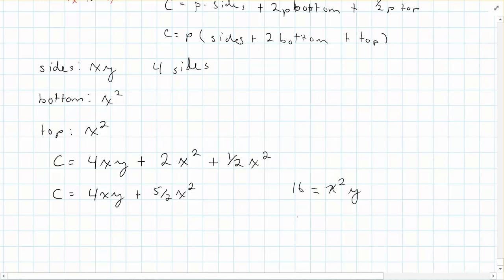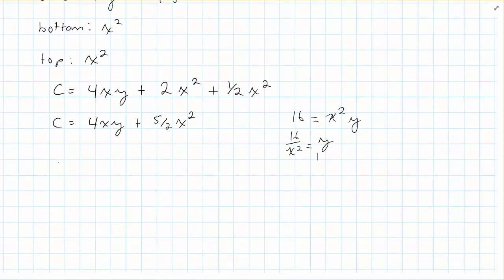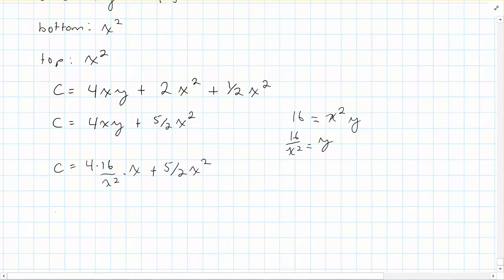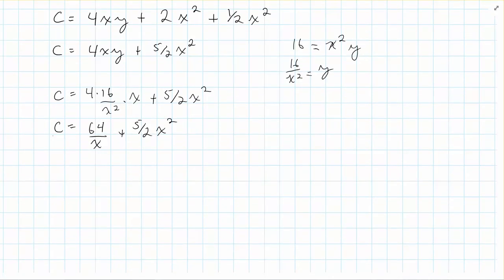Solving that for y makes the most sense, 16 over x squared equals y, and then we substitute that into the equation, and we get 4 times 16 over x squared times x plus 5/2 x squared, which is 64 over x plus 5/2 x squared. Now we're ready to take a derivative and find critical numbers.